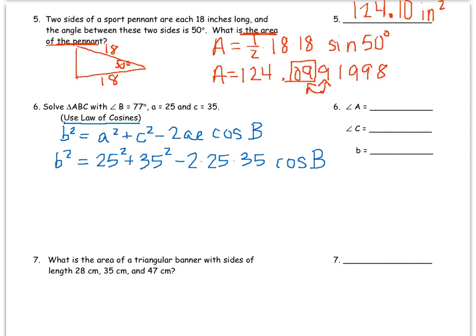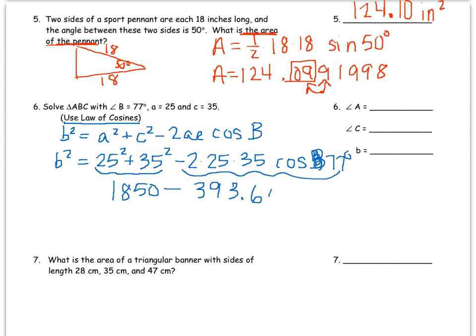I want to find this piece by piece. If you do 25 squared plus 35 squared, that's 1,850. I got my minus. Okay. I wrote cosine B. I should have written cosine of 77 because B is 77 degrees. And if you put this all into your calculator, you'll get 393.66.